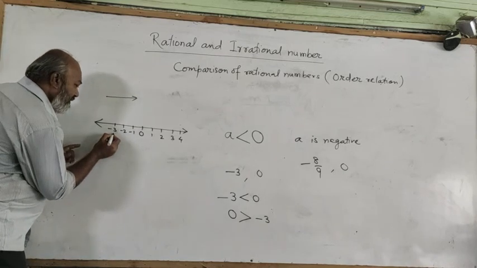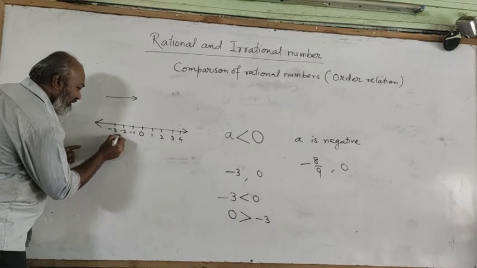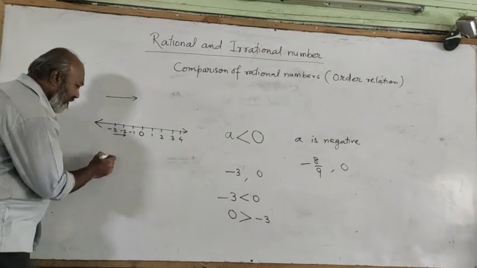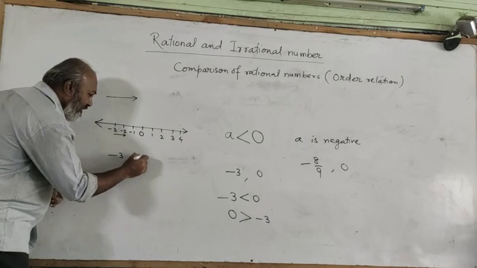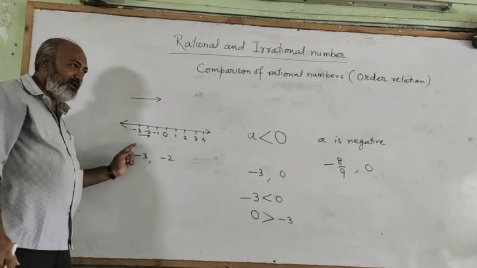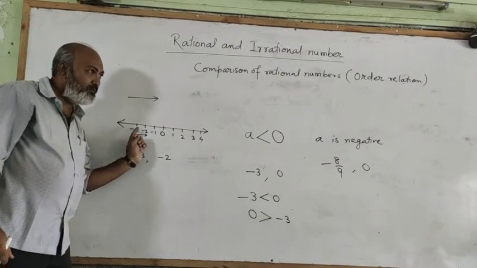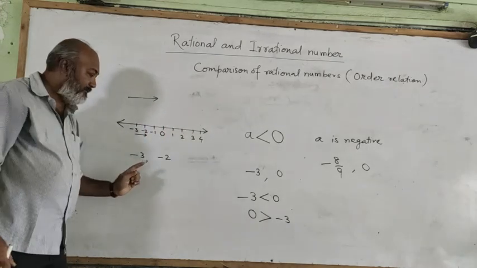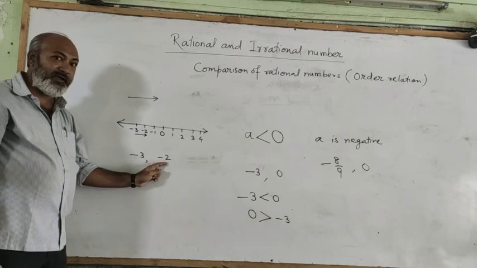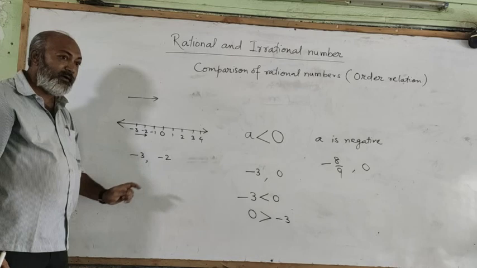If I go to -2 from -3, I am moving left to right. While comparing -3 and -2, first we come to -3 and then we move towards -2, moving left to right. So -3 is less than -2.